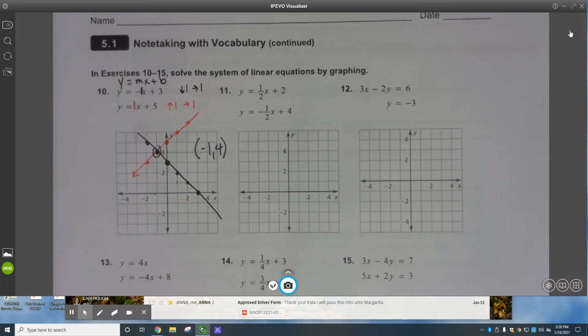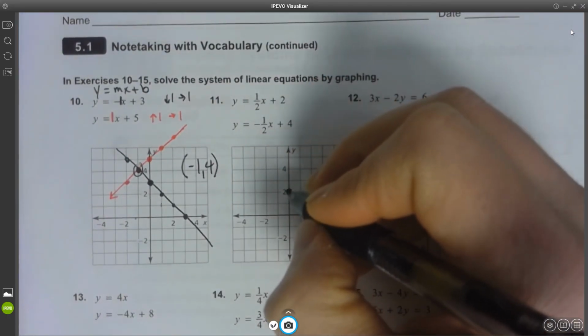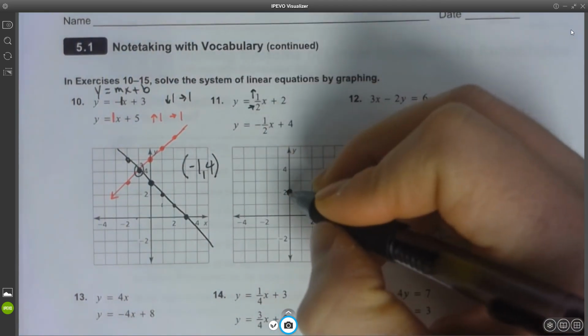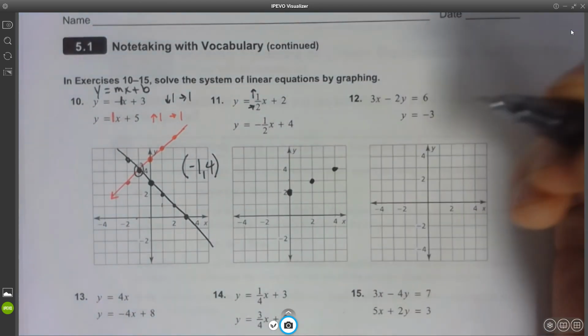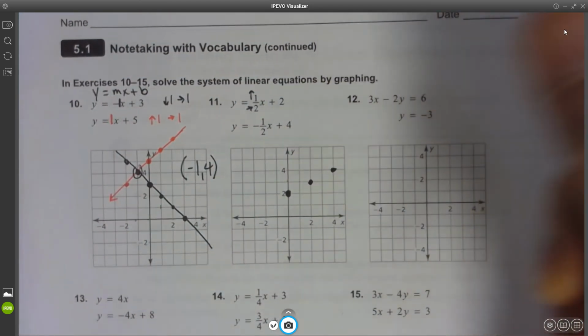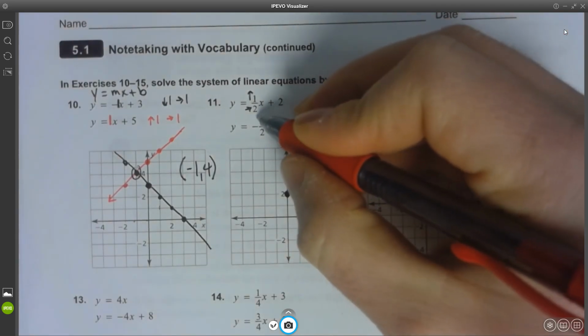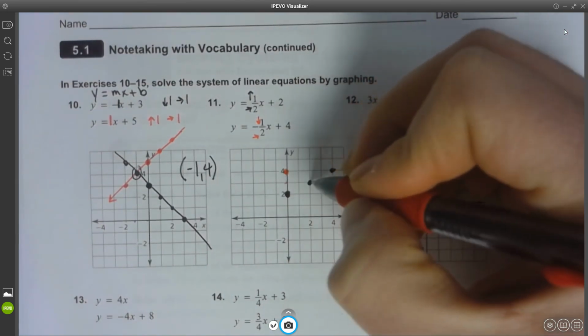Looking at number 11, the first line starts at 2 on the y-axis, and it has a slope of +1 over 2. So up 1, run of 2, up 1, run of 2. My second line starts at 4 on the y-axis, and this has negative slope, so down 1 to go right 2. So down 1, right 2.